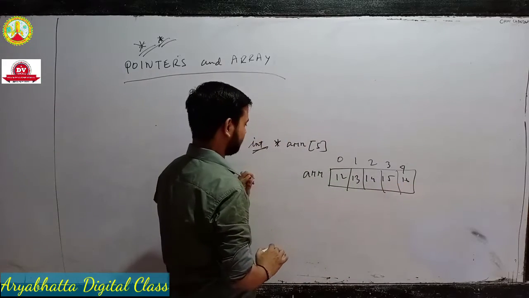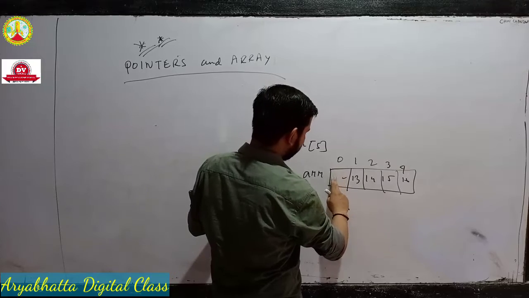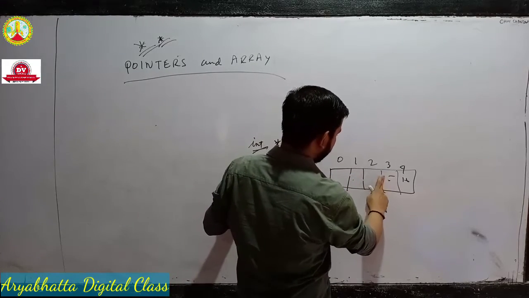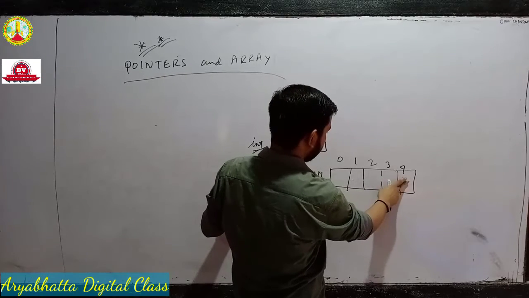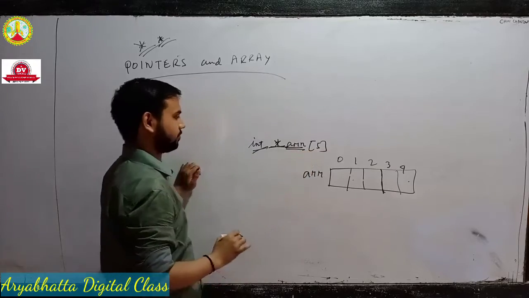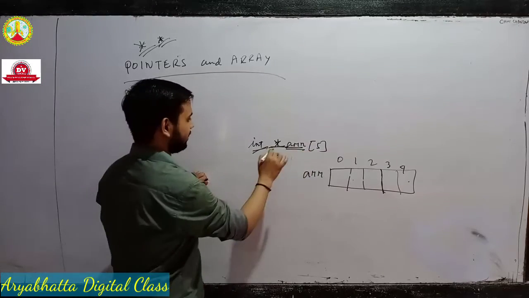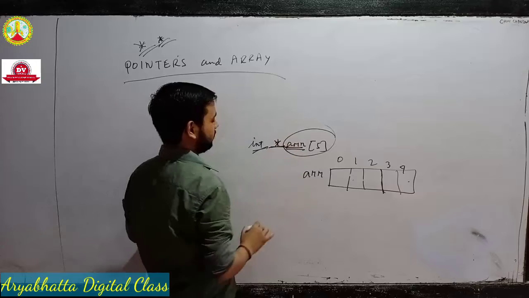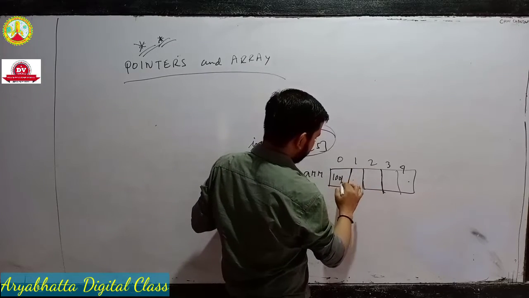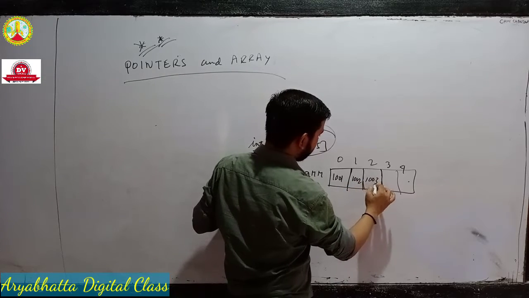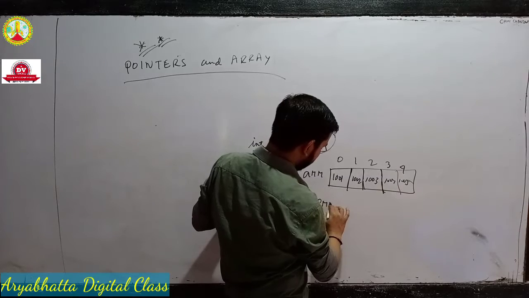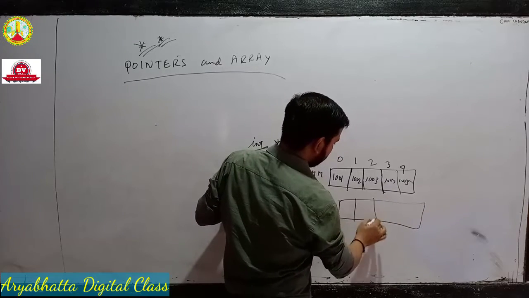But when this is used as a pointer, it becomes an int pointer array, meaning here some memory address will be coming, and the value with respect to this memory.